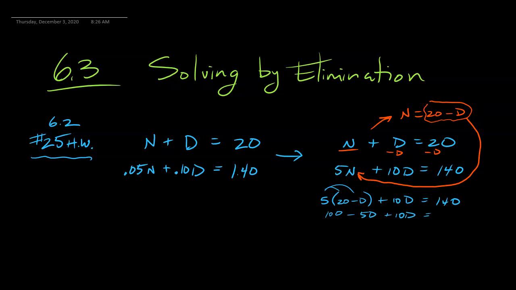Let's see. My handwriting is not good enough, that d looks like a 0. But negative 5d plus 10d can go together, and together they would make positive 5d. And then I could subtract 100.